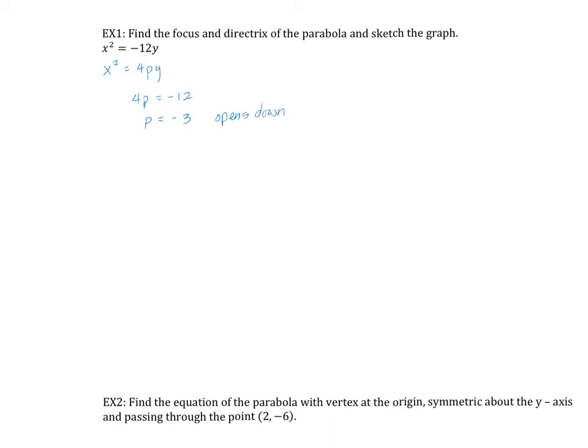So let me start drawing my graph. So remember, our parabola has a vertex at the origin, 0, 0. And I see that p is equal to negative 3. Remember that p represents our focus.